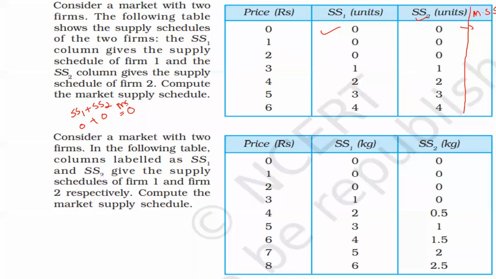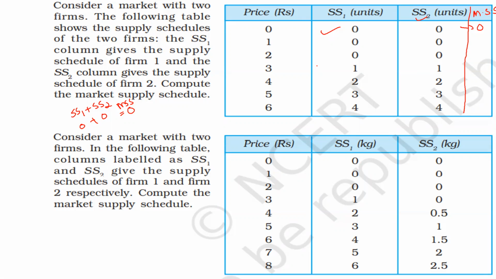So the market supply schedule again becomes 0. The second one also comes as 0. Third one 0. The fourth, when the price is 3, how much will it come? It will come as 2.